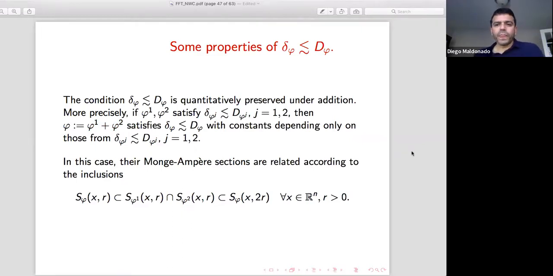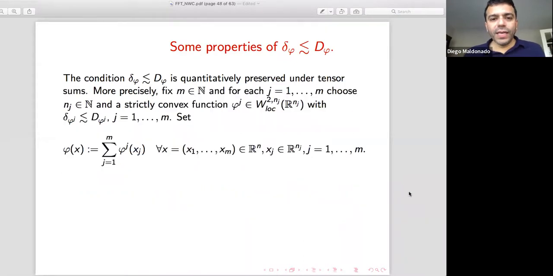Excellent. So we know that if I add two functions with the property, I keep the property, and this is how the sections of phi relate to the sections of phi1 and phi2, like this. So they're kind of equivalent. You take the intersection, and now, okay.